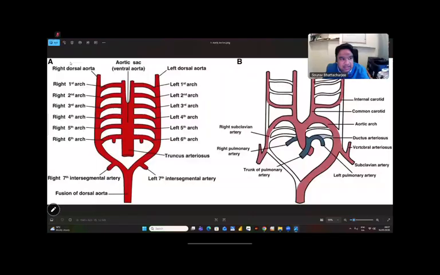But this sinus venosus is most important because on both sides, it is connected to three embryologic venous systems. One is the vitelline vein, another is the umbilical vein, and finally there are the common cardinal veins.